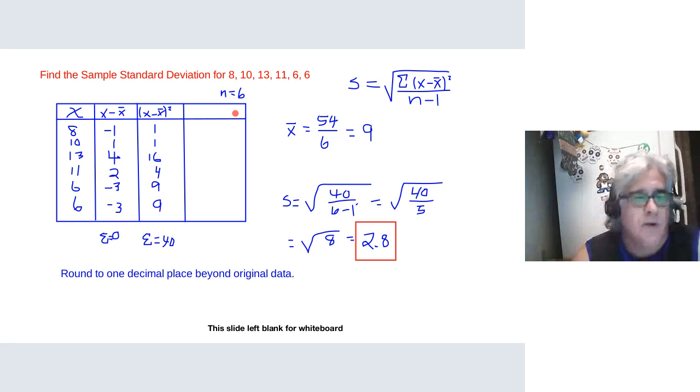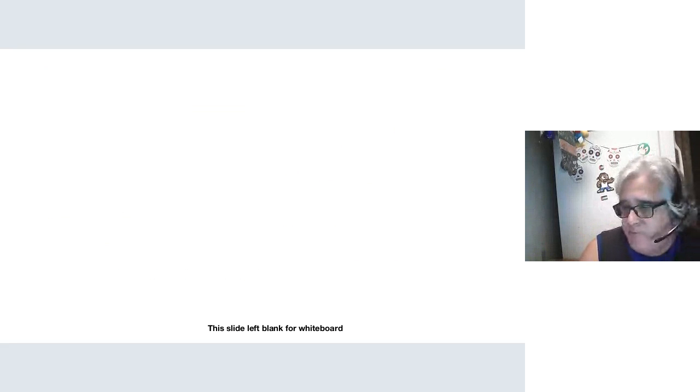We're going to go through another one, like I said, and it's only got one little tiny difference. So the procedure is the same, except for instead of using n minus 1, it's going to have n down there. All right. So for the population, it's called sigma. That's not a 6.